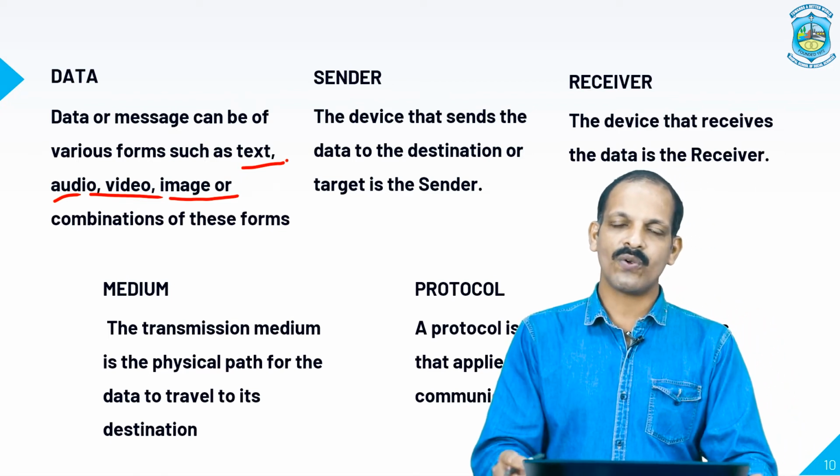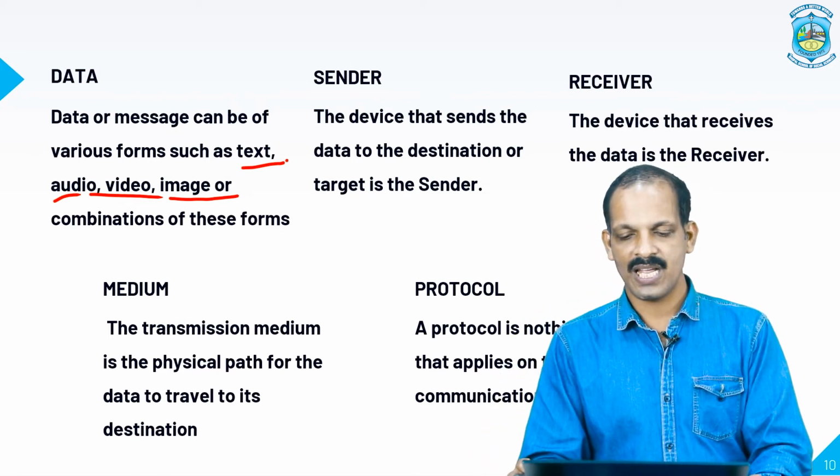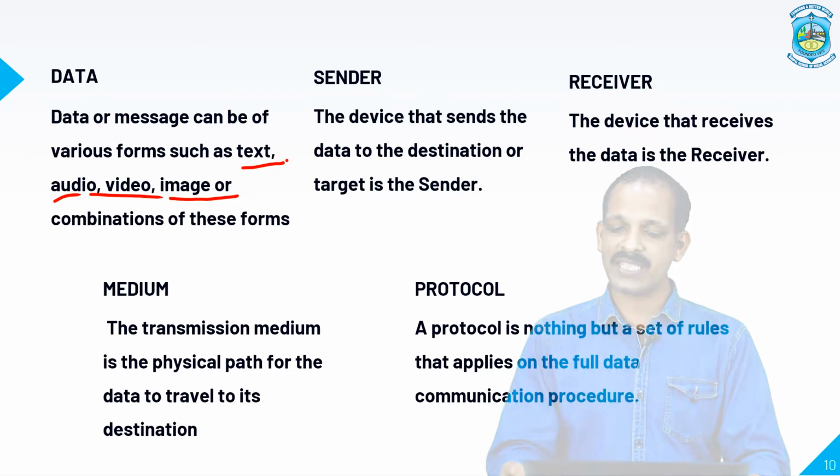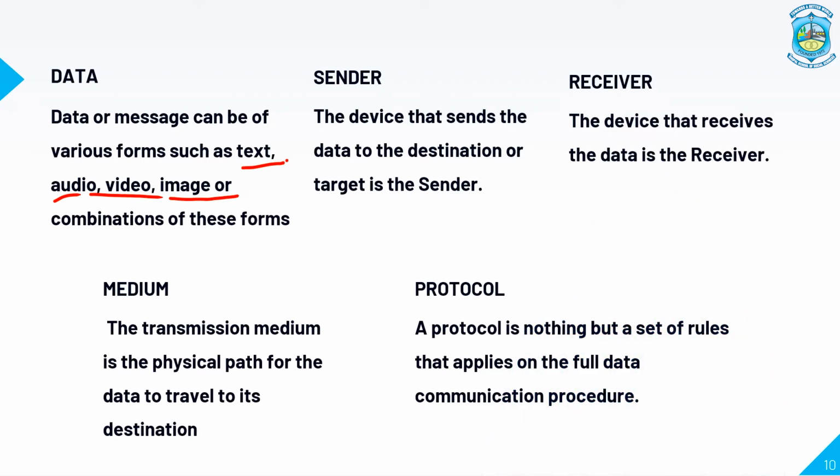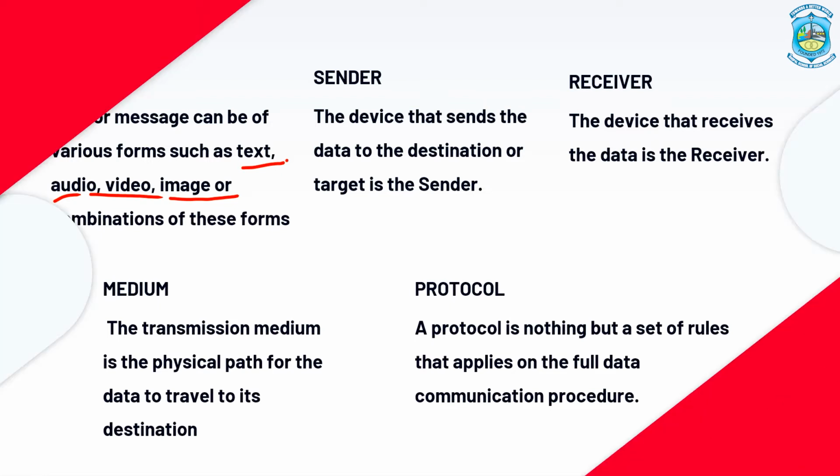Surely we should have a medium. Next one, protocol. Protocol is a set of rules that applies to the full data communication procedure. Whatever rules you need to follow and whatever methods you need to keep in the data communication procedure are collectively called protocol.